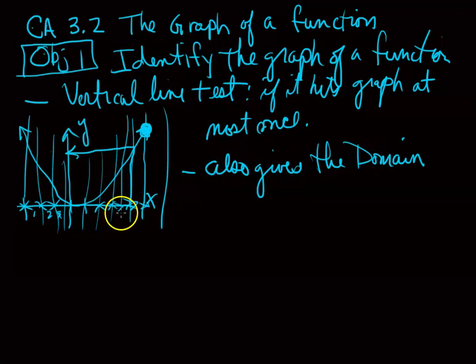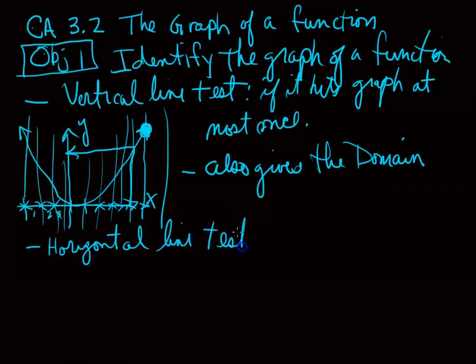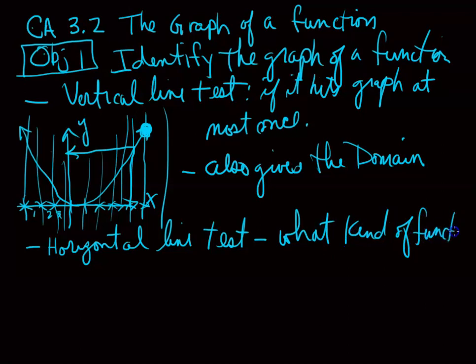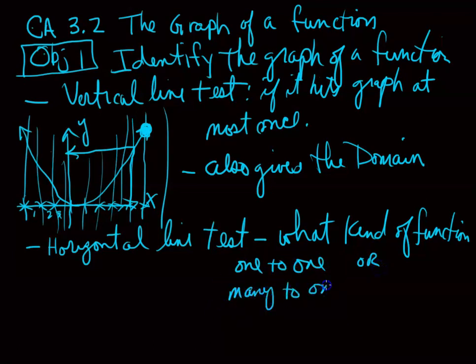The horizontal line test tells us what kind of function. There are two types. There is a 1-to-1 function or many-to-1.